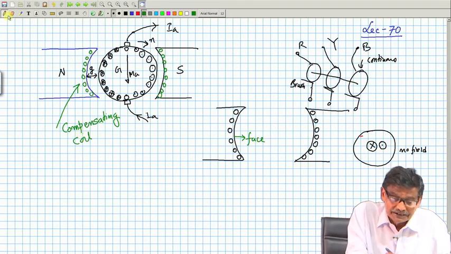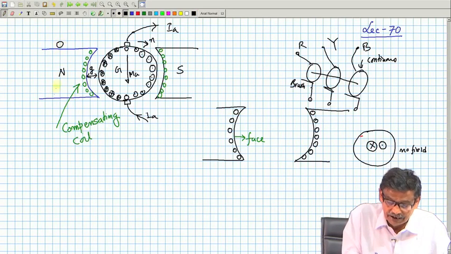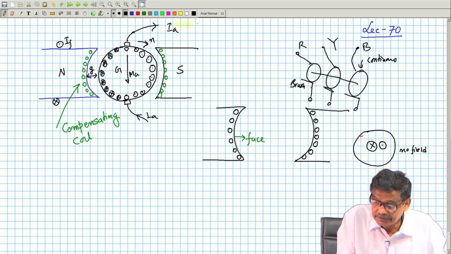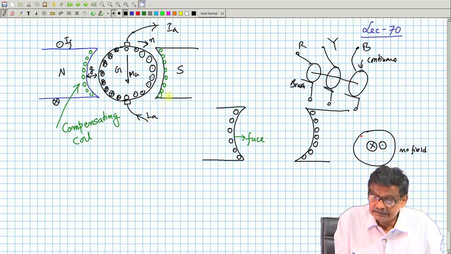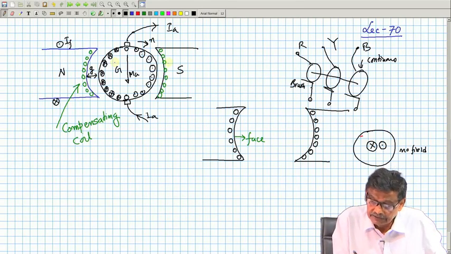So, what is the situation now in the DC machine? There were field coils, it was carrying IF. There were armature coils carrying armature current IA. In the conductors, of course, that is IA by A, parallel paths.